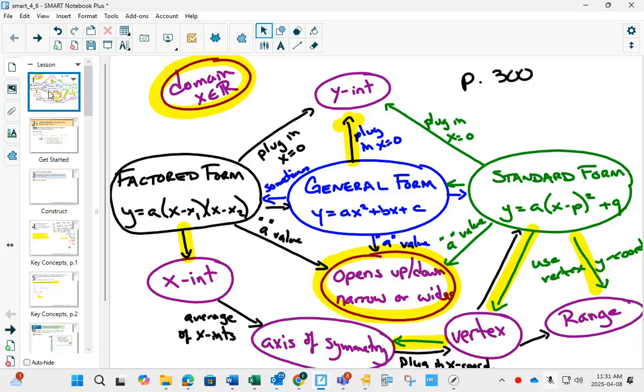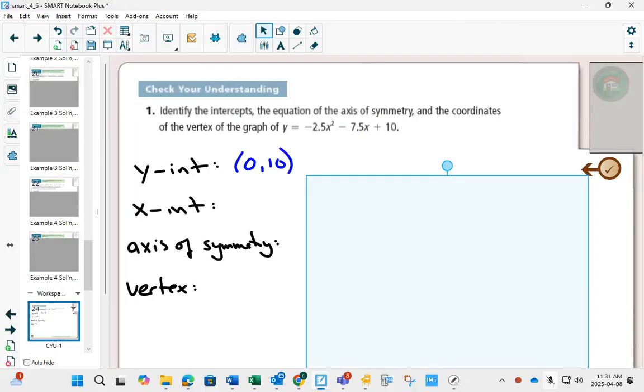And then I could find my axis of symmetry if I have this. I might choose this pathway for my vertex anyways. So we'll look at both in this question, and you can decide what you would like to do. But you do have to find the factored form because that's the only way to get your x-intercept. So I'm going to actually start with that. So we'll go back to our example.